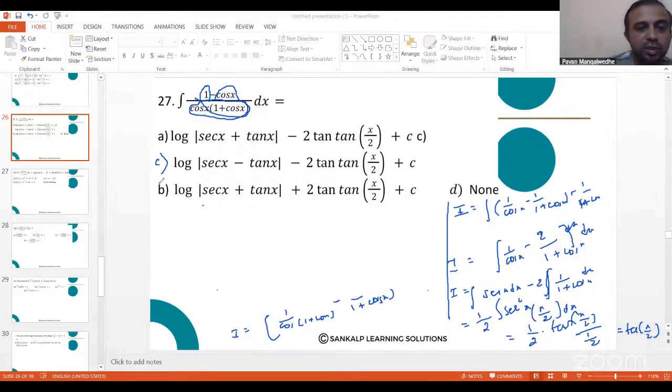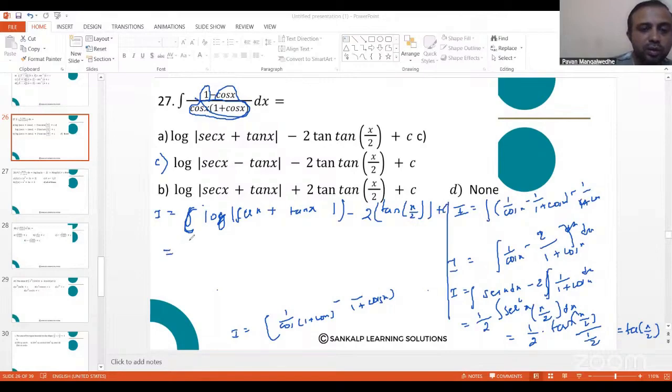On solving this, the integration I is equal to log of mod of sec x plus tan x, minus 2 into tan of x by 2, plus c.